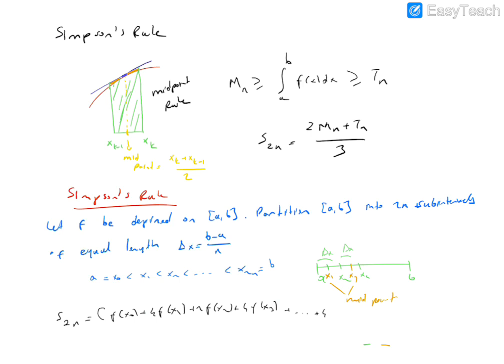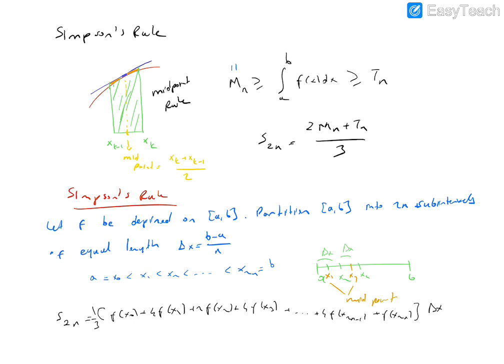And so on, 4 times f of x2n minus 1 and f of x2n, times delta x over 3. Let's write the 1 over 3 at the beginning, okay? So this is the Simpson rule.